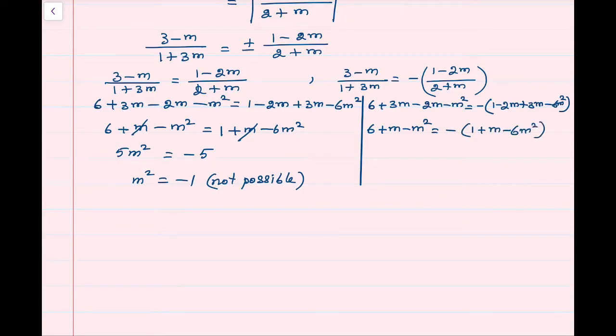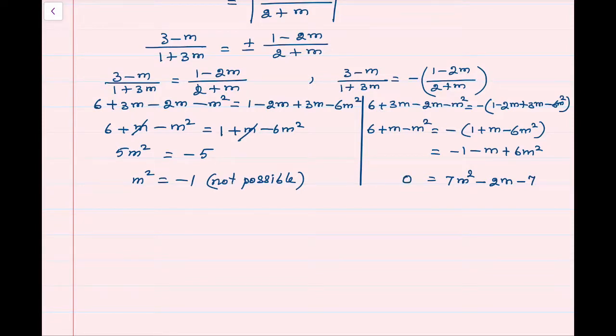There is a negative sign, which is minus 1 minus m plus 6m square. Therefore, we get 7m square minus 2m minus 7 is equal to 0. We have a quadratic equation in m.